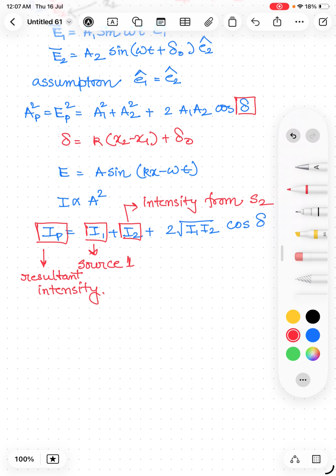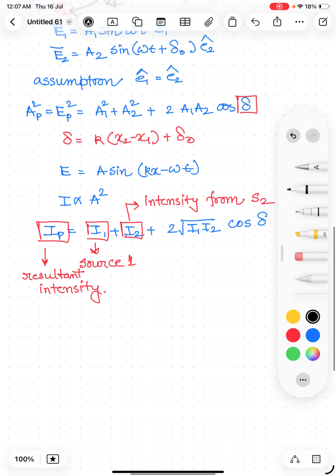Now we are going to take this expression and see what is interesting about it. Let me write this again: Ip equals I1 plus I2 plus 2 root over I1 I2 into cos delta.